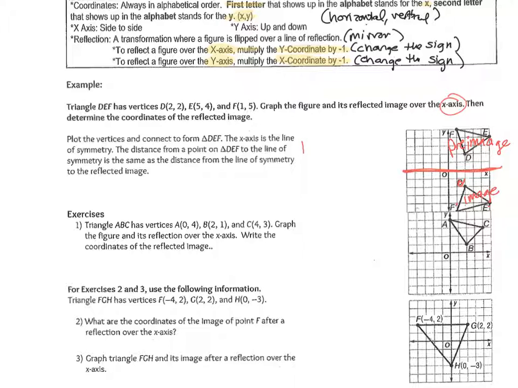So the points for our new image are, let's see, D prime (2, -2). E prime, 1, 2, 3, 4, 5, 1, 2, 3, 4, so (5, -4). And F prime is at 1, 1, 2, 3, 4, 5, so (1, -5).